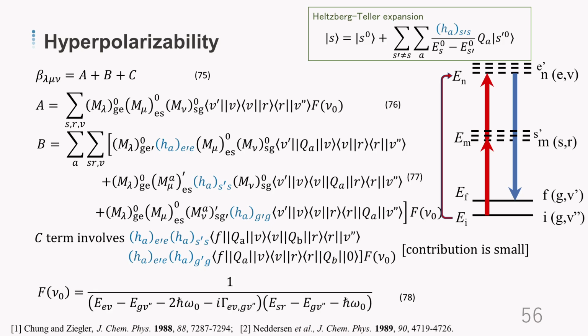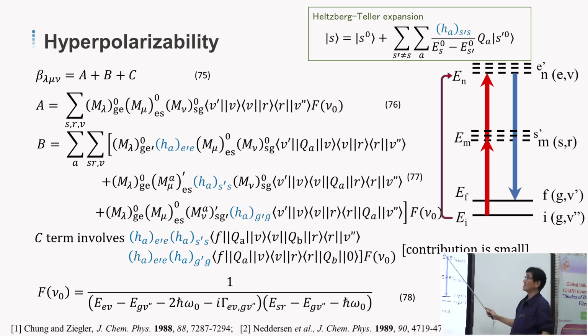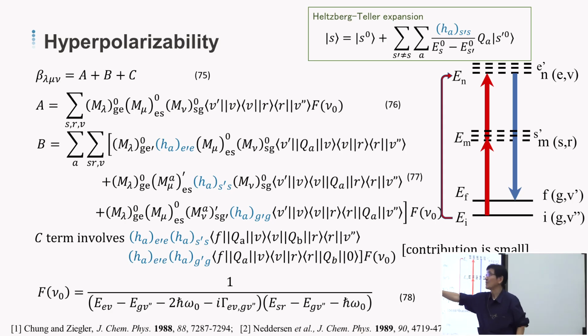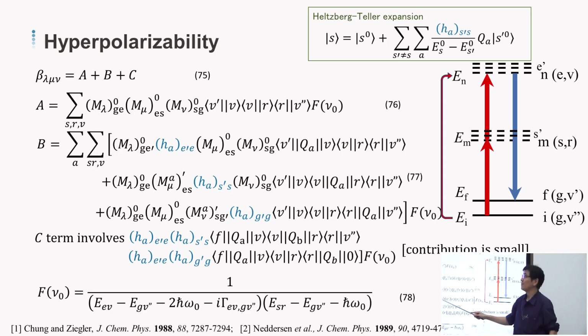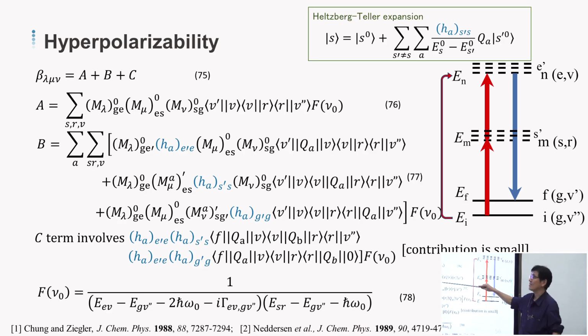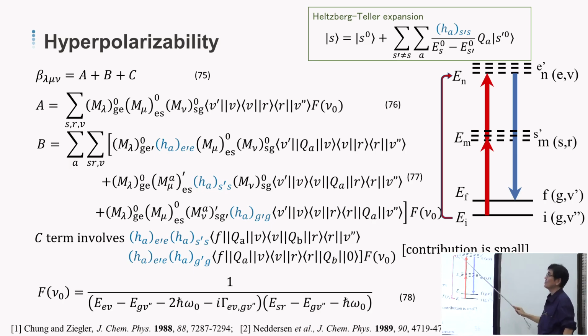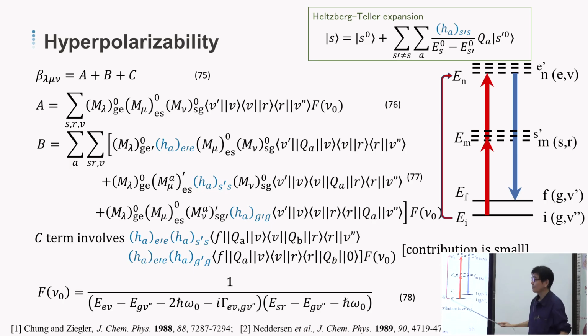This is the last page. By substituting the electronic wave function following the Herzberg-Teller expansion, we can again separate the Hyper-Raman tensor into A, B, C. A is the main part. B is the part that contains one additional coefficient term.